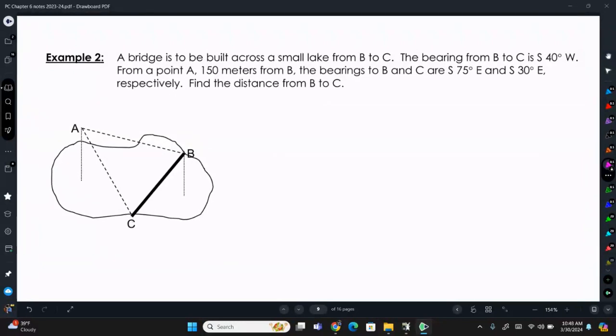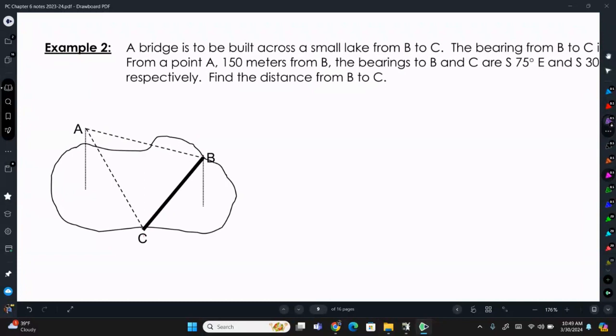So it says a bridge is to be built across a small lake from B to C. The bearing from B to C is south 40 degrees west. So from B to C means this is like my origin right here, and south, and then 40 degrees to the west, so this way. So this angle right here is 40 degrees.